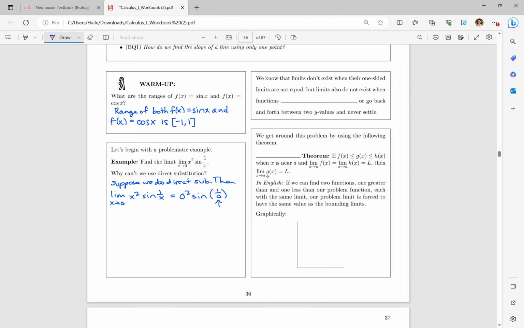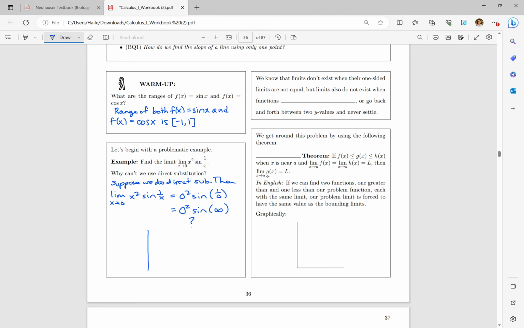So if we think about 0 squared times sine at infinity, we don't really want to think of plugging infinity in as a number. We're thinking about this in terms of a limit at infinity. The problem with that, though, is sine never settles on a value at large values of x. It only goes up and down between -1 and 1. So this doesn't really have an answer.